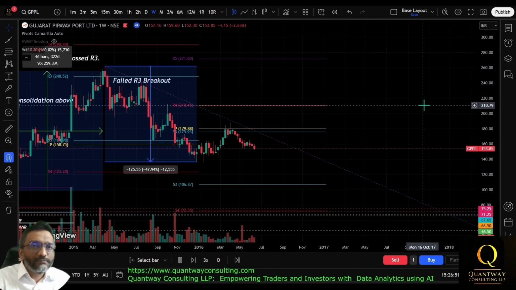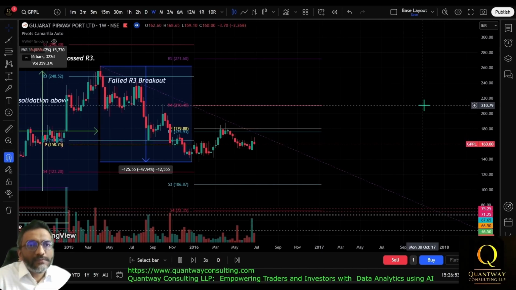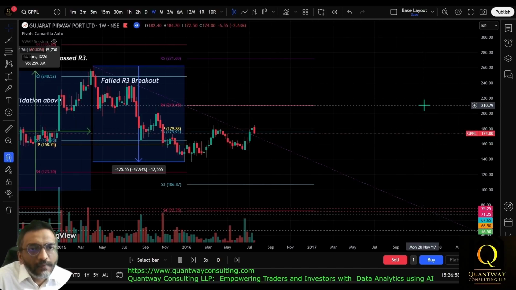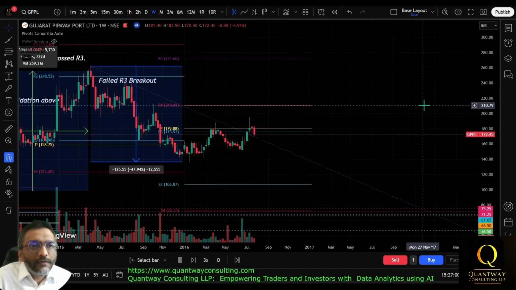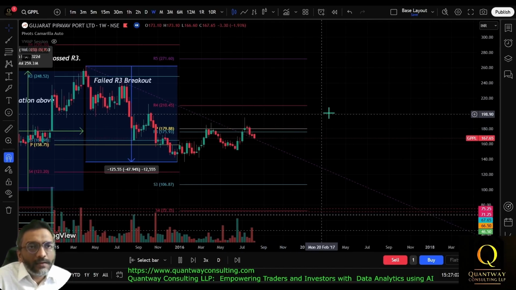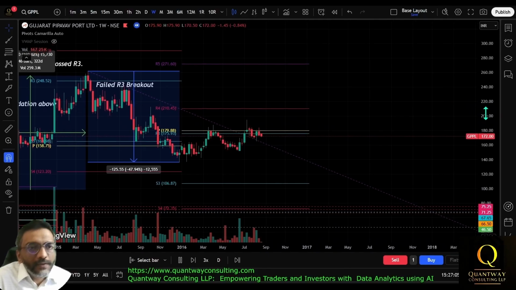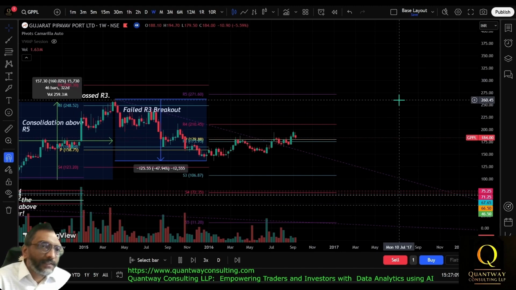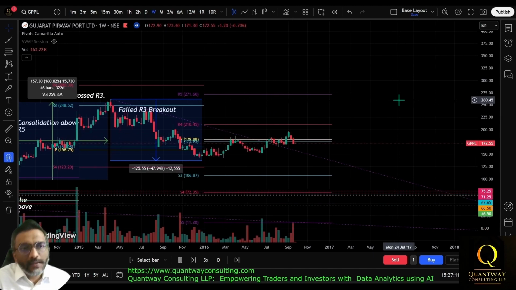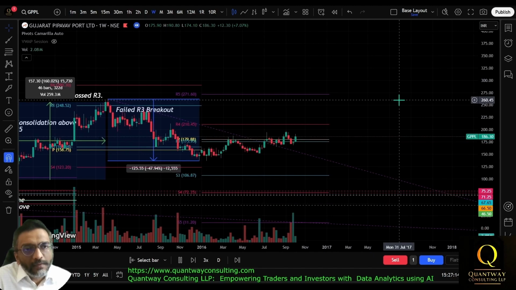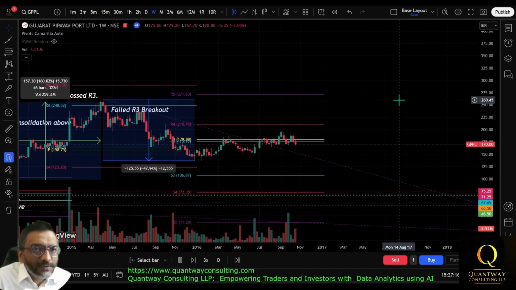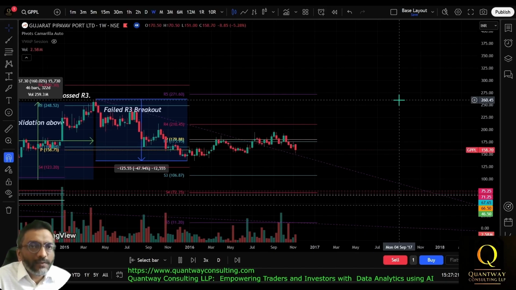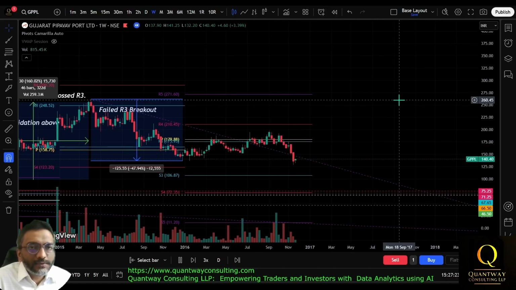I mean, the way the Camarilla pivots work: R5 breakout will lead to R3, then R3 failure would lead to subsequent down years till maybe the S3 or S4 levels are hit, then there will be consolidation again, and then there will be a bounce back towards the R4 levels, which is how the stock price is getting bounded even across the years.